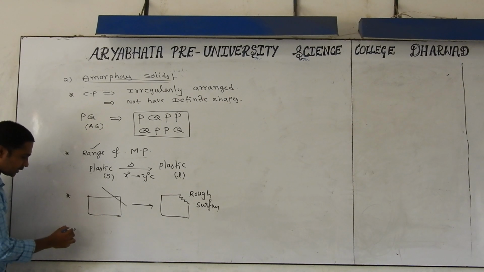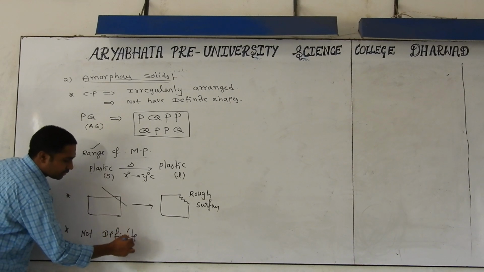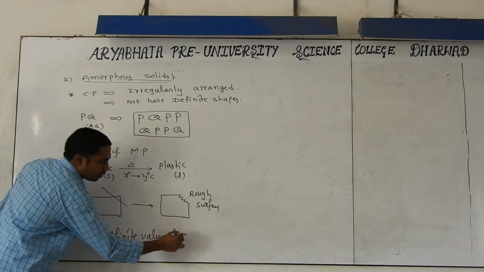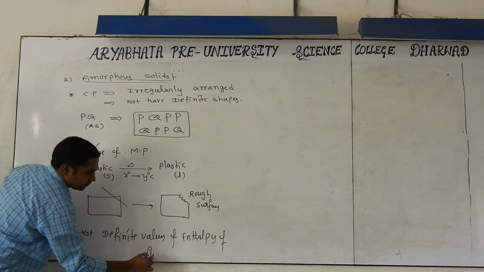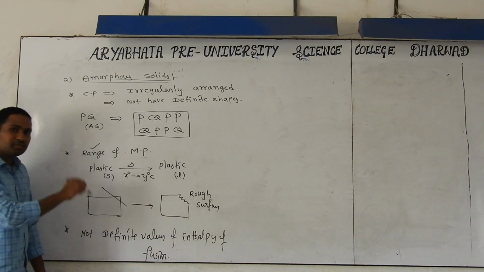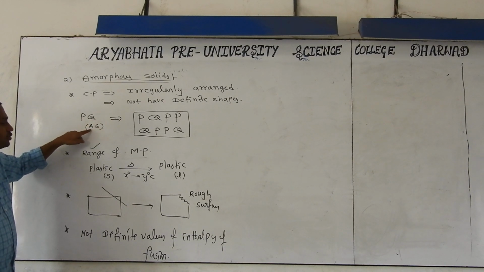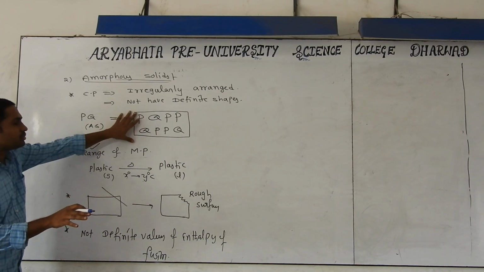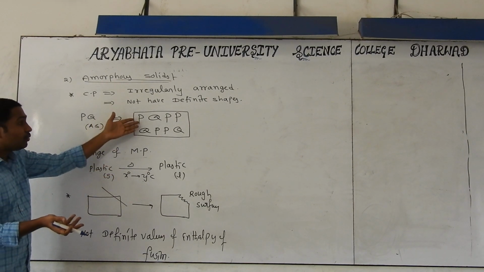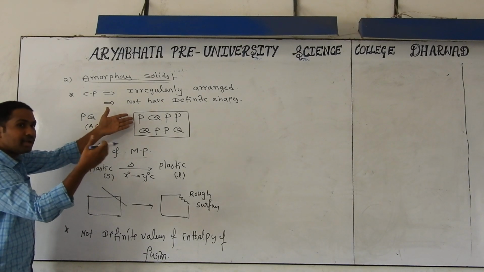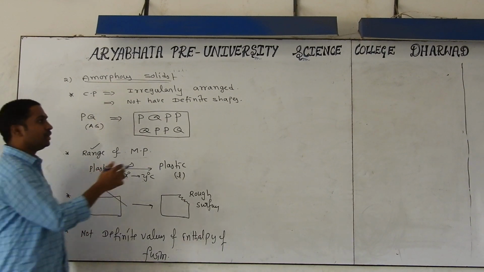And one more thing: they do not have definite values of enthalpy of fusion. Why not? If you take this PQ solid, it is an amorphous solid, and at a particular condition this is the arrangement. If you change the conditions, the arrangement may change. Automatically, the energy needed to break the substance may also change. That is why we say it does not have definite values of enthalpy of fusion.